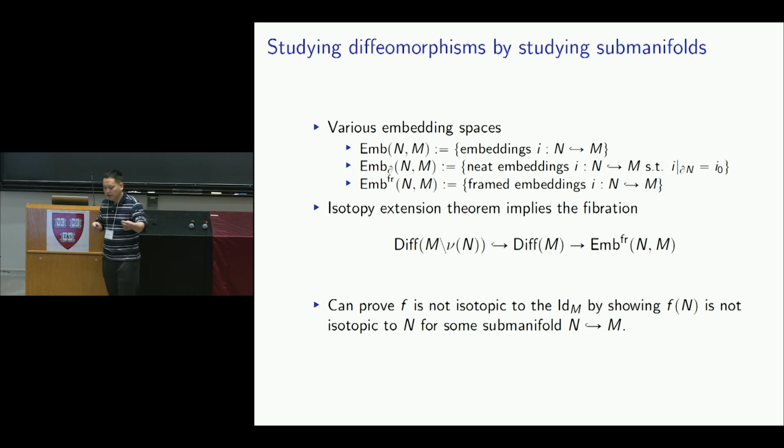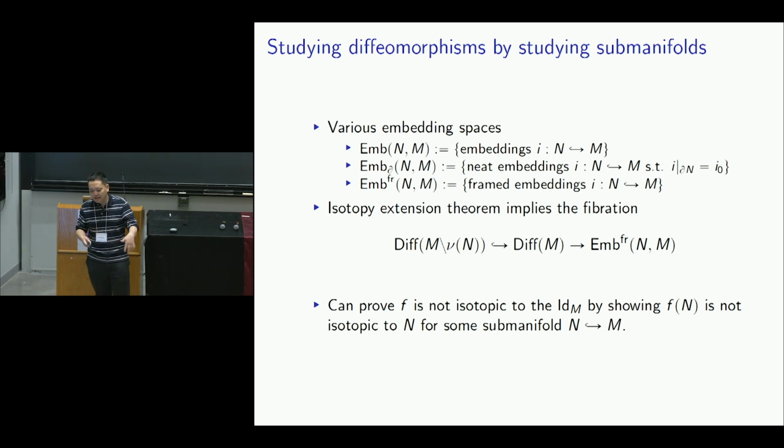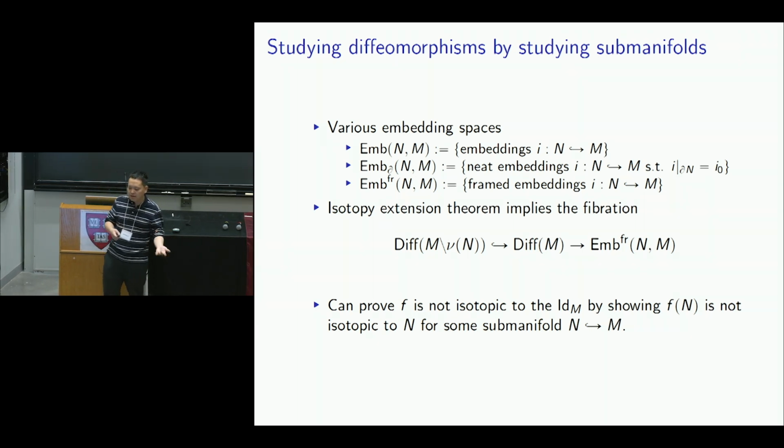So if a diffeomorphism sends some submanifold to a different submanifold, then we can conclude that this diffeomorphism is not isotopic to the identity. So this is a classical way to distinguish diffeomorphisms. As we can see, there are many applications when the dimension n is 2 or 3. We can study embedded surfaces or embedded three-manifolds.